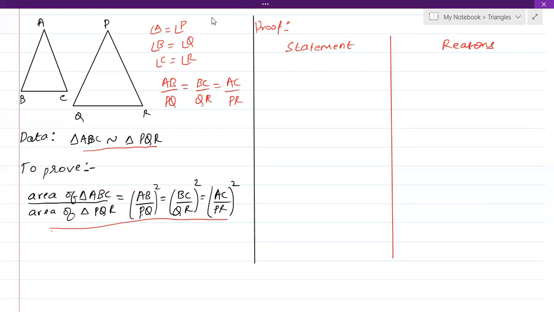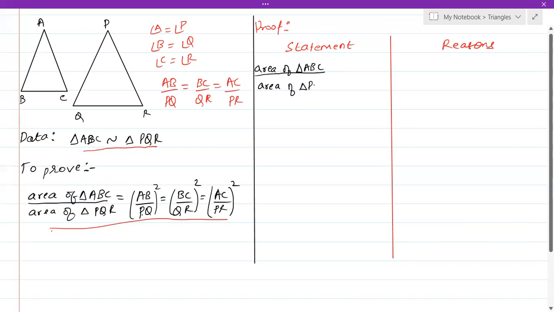Okay. So now what we are trying to do is find the ratio of areas, right? Let's find that itself. So area of triangle ABC divided by area of triangle PQR. Okay.